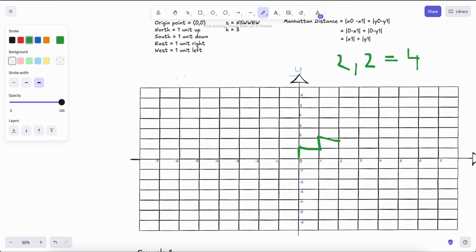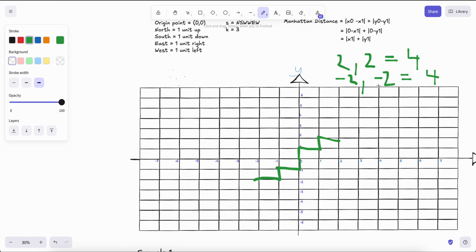If we move south, west, south, west, the new coordinate will be -2 and -2. What will be the Manhattan distance for this coordinate? It will also be 4, because we are taking the absolute magnitude of 2 and the absolute magnitude of 2 and adding them together.